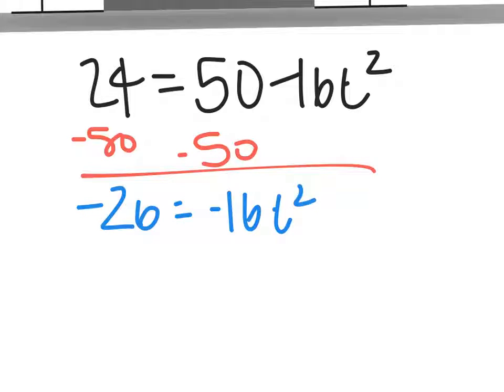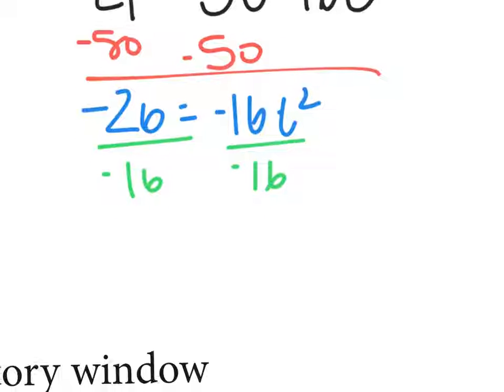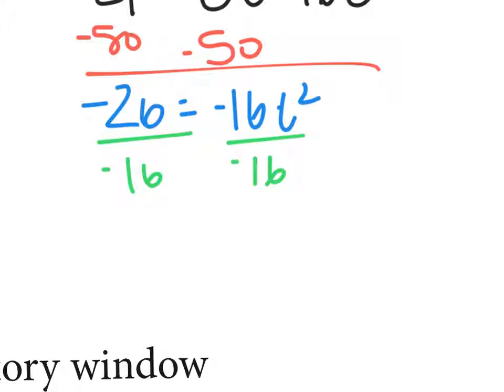And I'm again trying to get t by itself, so I need to get rid of that negative 16. How do I do that? I'm going to divide both sides by negative 16. I can reduce 26 over negative 16. Is it going to be positive or negative when I reduce it? It'll be positive, and it's going to give me 13 over 8 equals t squared.